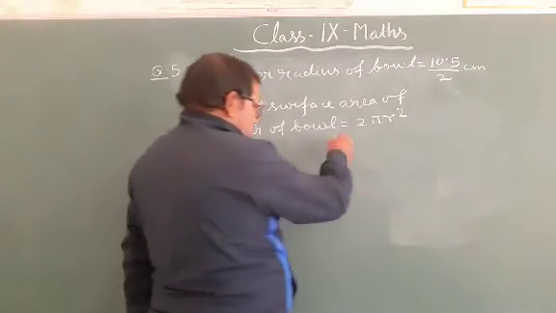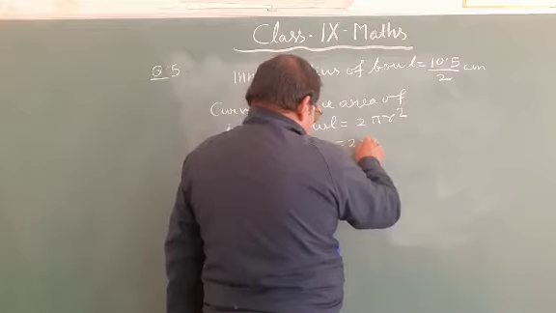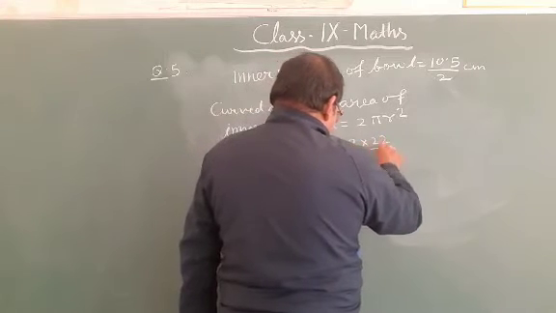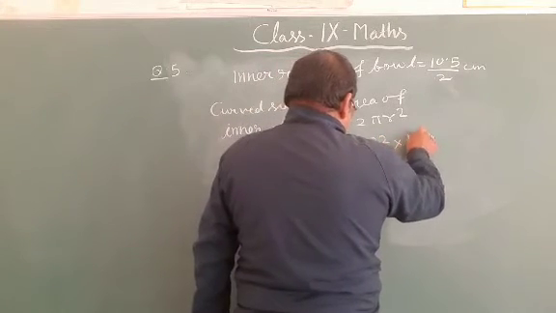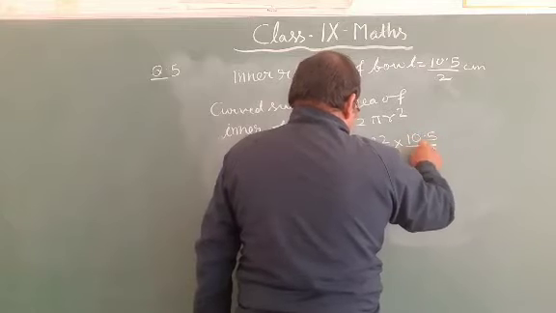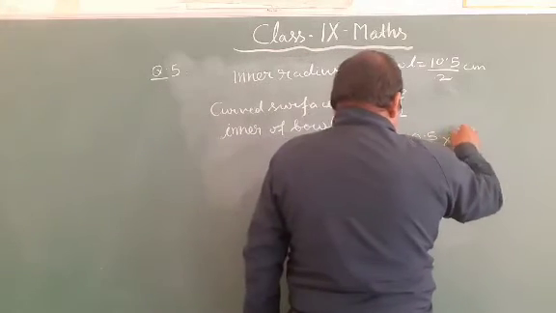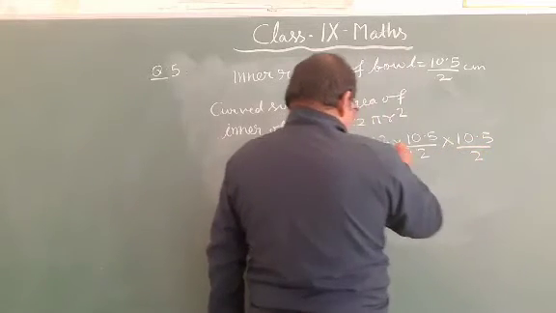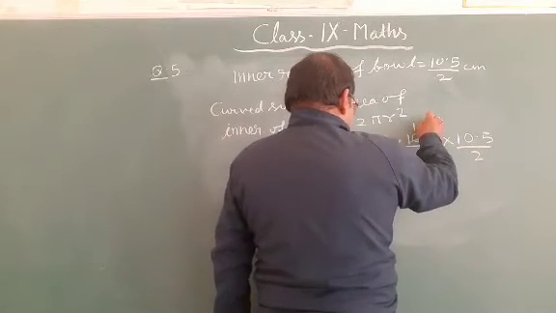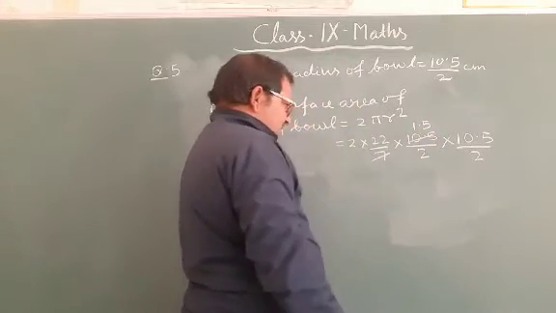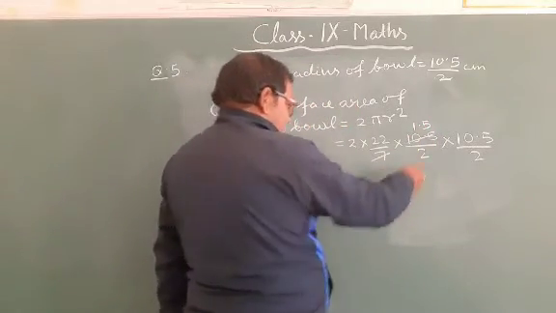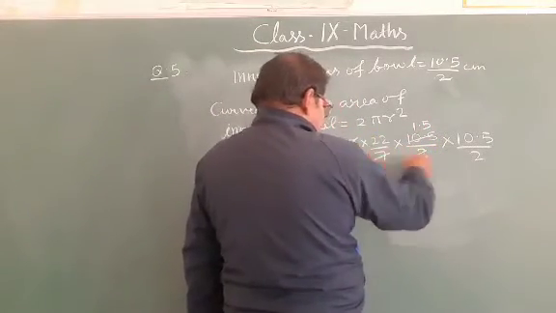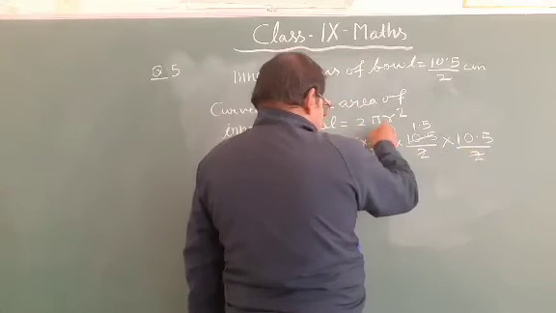So 2 into 22 by 7 into 10.5 by 2, 10.5 by 2 is 5.25, and 2 cancel, 11.